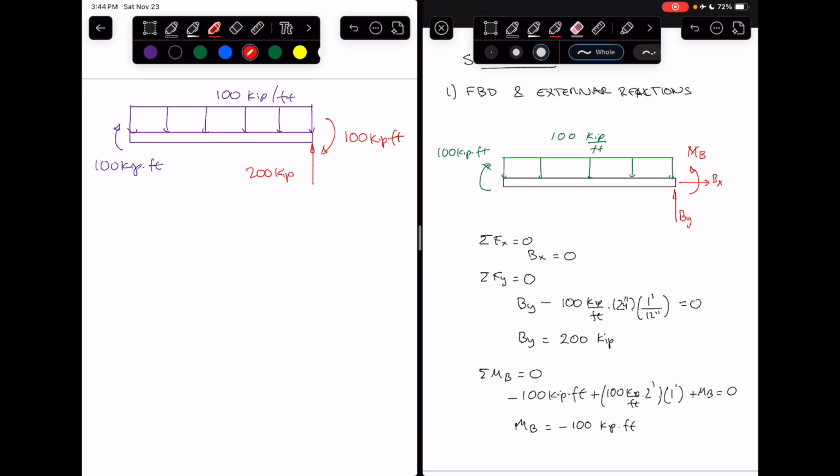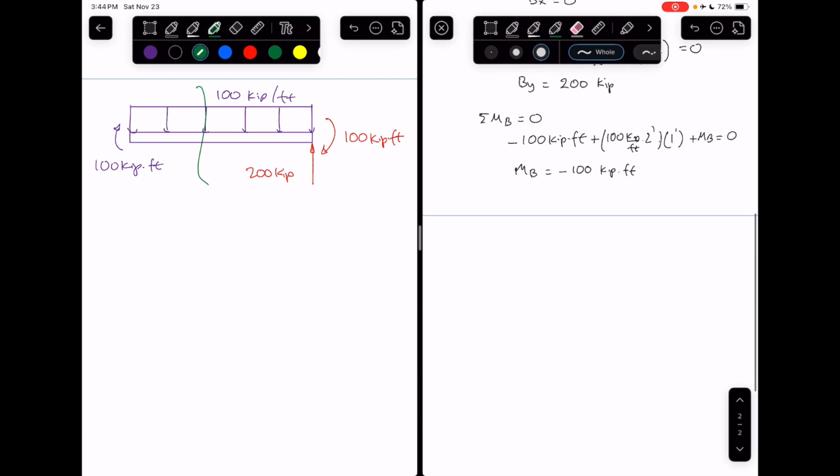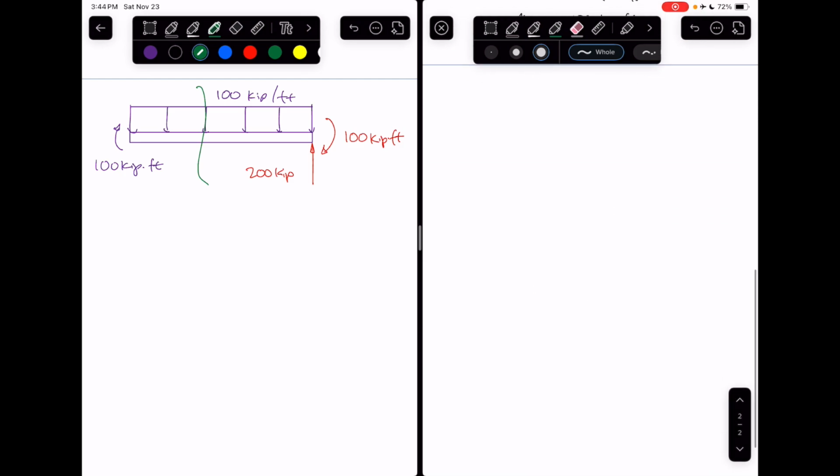And what we're going to do is section the beam somewhere between the points of discontinuity. So to do this, I'm going to go ahead and establish that I'm going to analyze my section between A and B. I'm going to draw the section of the beam that I'm interested in, which doesn't have to be the whole beam.